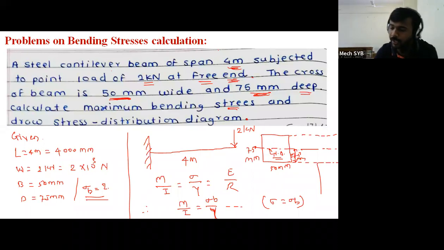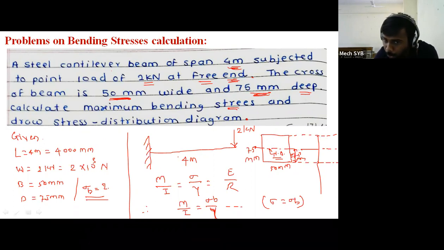Then, to draw its stress distribution diagram, what did I tell you first? Draw a vertical line. Now here we are able to distinguish where it is sigma t and where it is sigma c. Sigma t will be represented at the right side of the vertical line and sigma c will be represented at the left side.